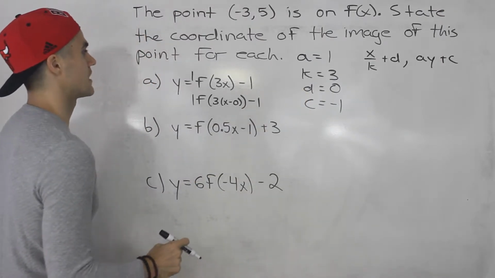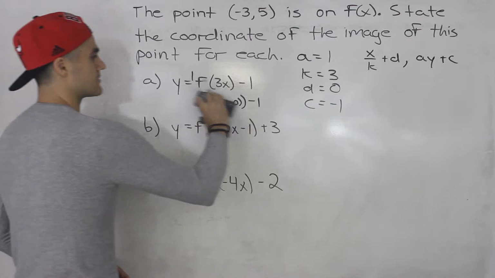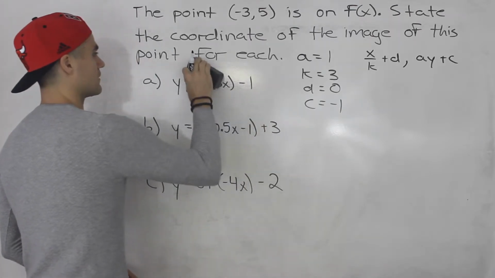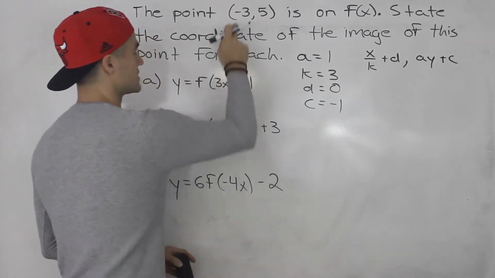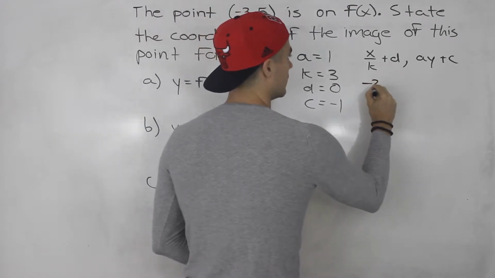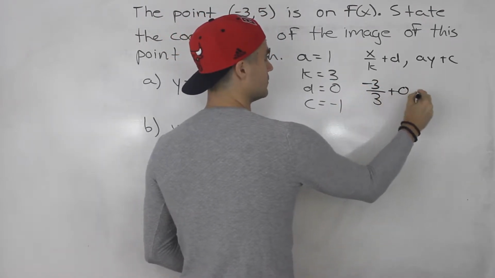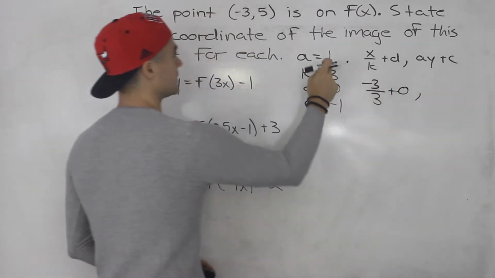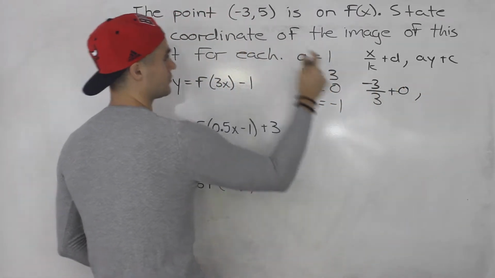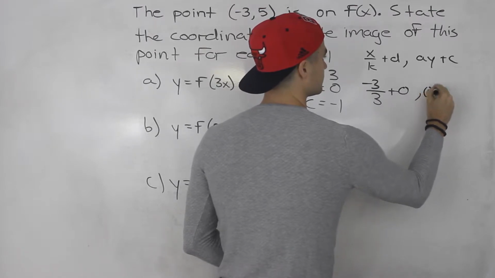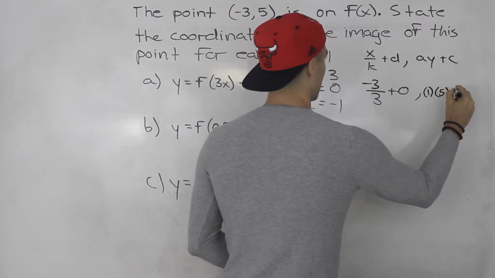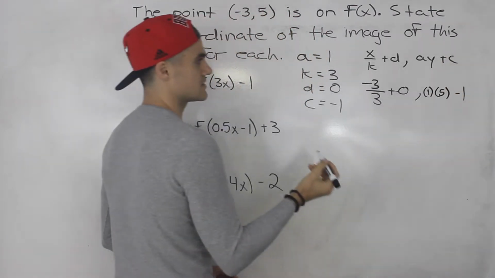c value is -1. And so now, simply, all we have to do is take -3, divide it by the k value, and then add the d value. And then we take the a value, 1, multiply it by 5, and then subtract 1, which is the c value.